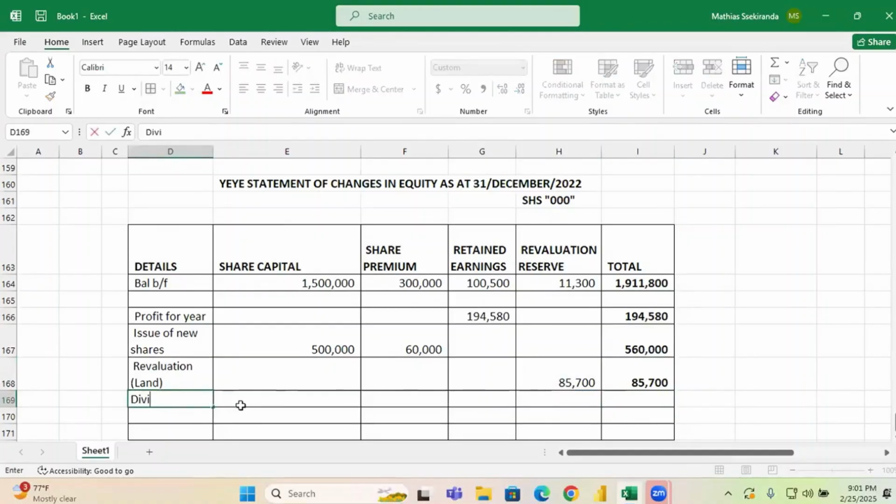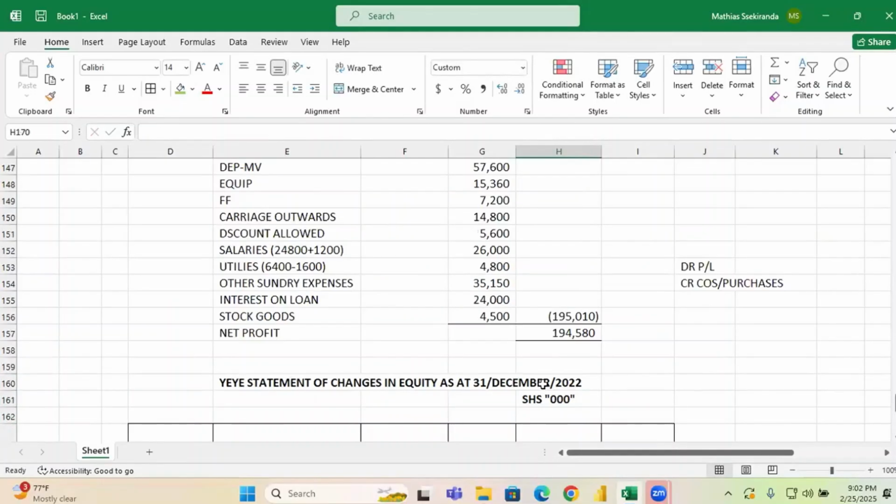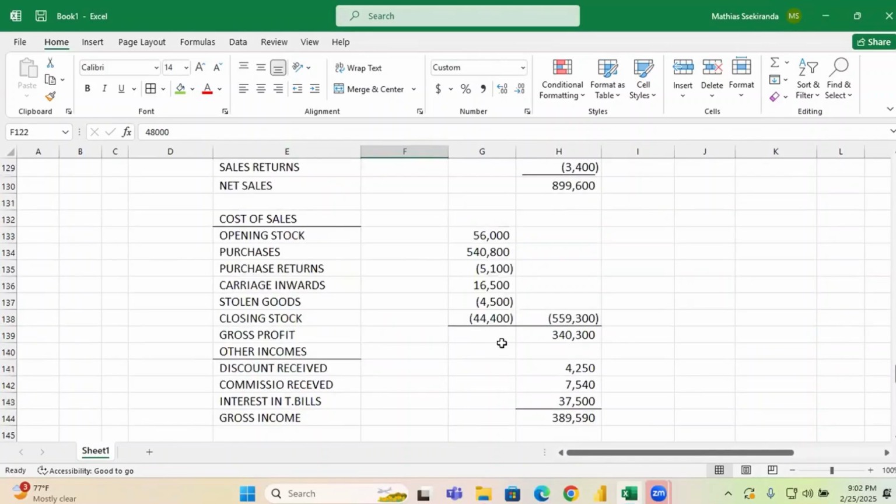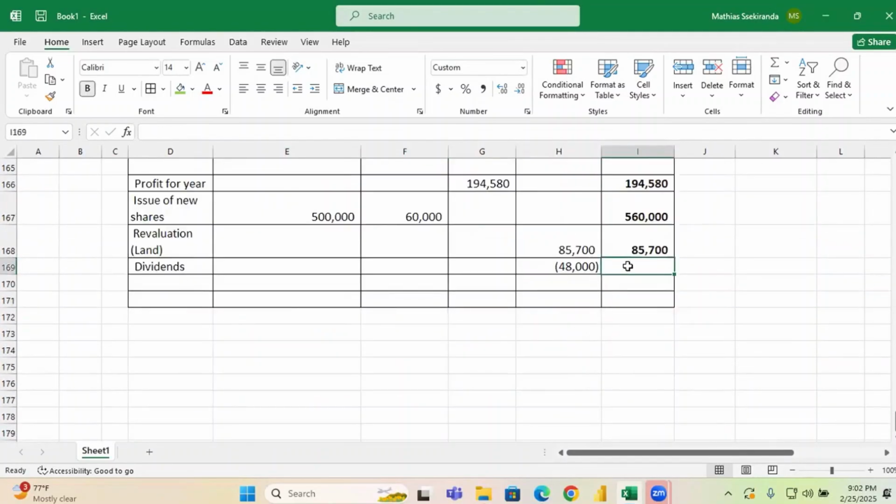We paid out dividends. You look out for those entries you made that affect any of these columns. The dividends, you remember, we paid. We reduced our retained earnings by 48. Here we debited retained earnings 48 million or 48,000.